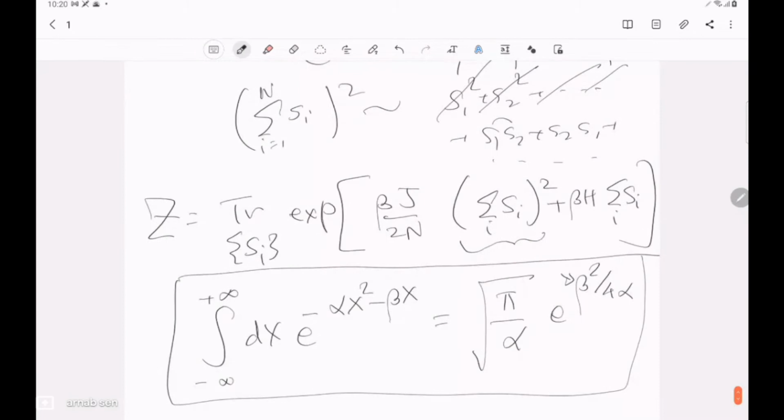Then the idea is you introduce some other field. Here the field is x. That's like some auxiliary field, and you can integrate over that field, and then of course you get a quadratic curve like this. But the advantage of introducing an auxiliary field like this is that this quadratic term appears as a linear term here.